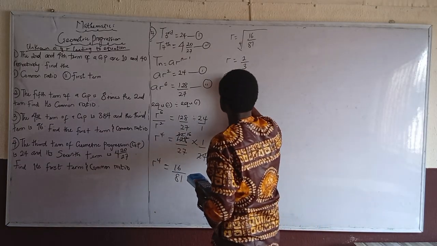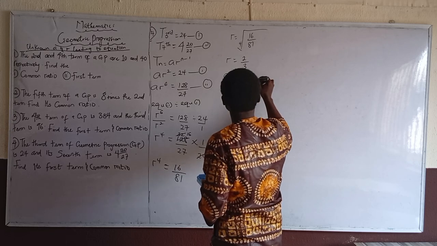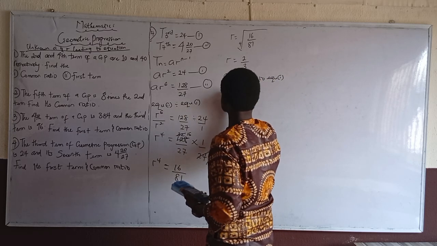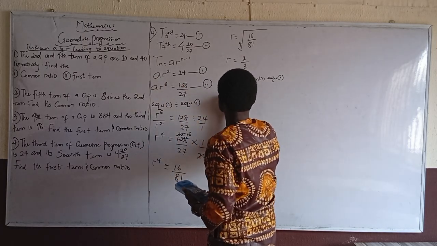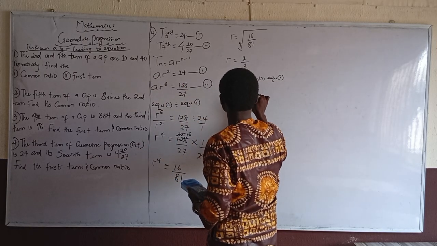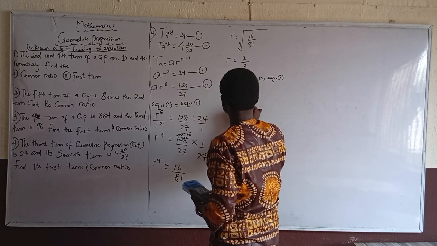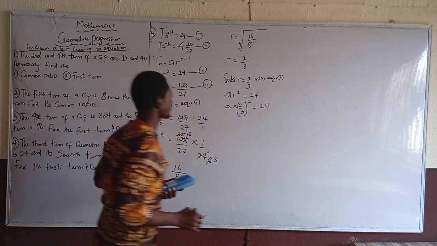So I'll substitute r equals 2 over 3 into equation 1. Let me write my equation first. That is AR squared equals 24. So here is A times 2 over 3 all squared equals 24.